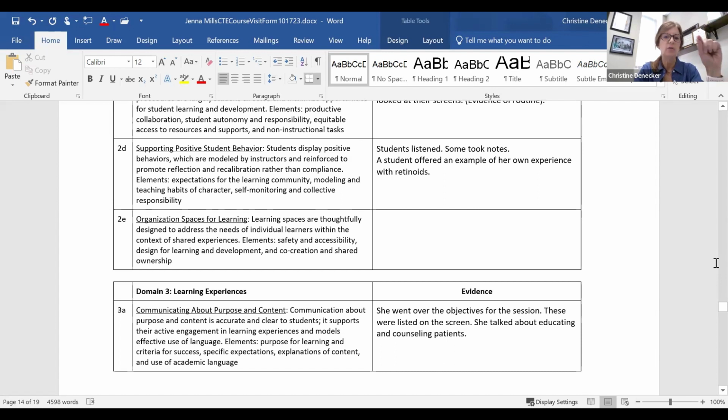So this one, co-creation and shared ownership, like if they are helping teach the lesson, if they're working in small groups and have some ownership of the content of the lesson, I might put that into E. Are there other things that you put into E?